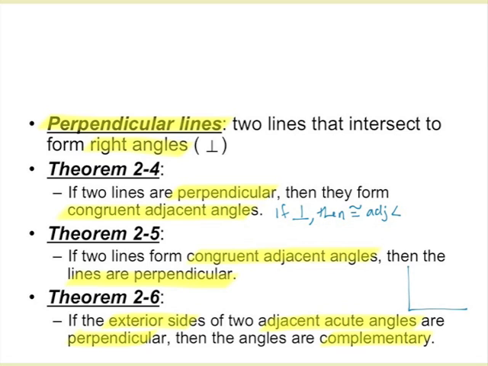So if the outsides of two little angles are perpendicular, those angles are complementary. Yesterday we learned complementary means adds up to 90. So it's saying if there's two little angles fitting inside of a right angle, they add up to that right angle. Okay, so this one's got a lot of different words. This one's a little bit easier to pick out than the other ones, which seem a lot more similar. Questions on what any of those say?